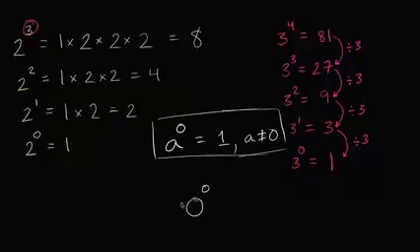What's interesting about 0 to the 0 power is you'll get a different answer if you use this technique versus if you use this technique right over here. This technique would actually get you to being 1, while this technique would have you divide by 0, which we don't know how to do. Anyway, I'll leave you there to ponder the mysteries of 0 to the 0th power.